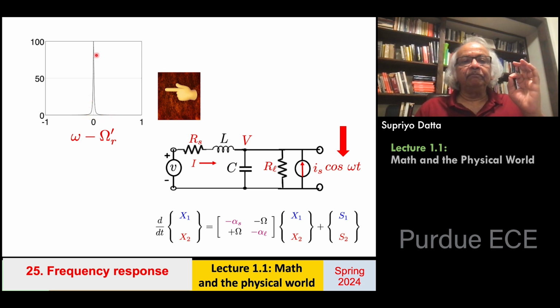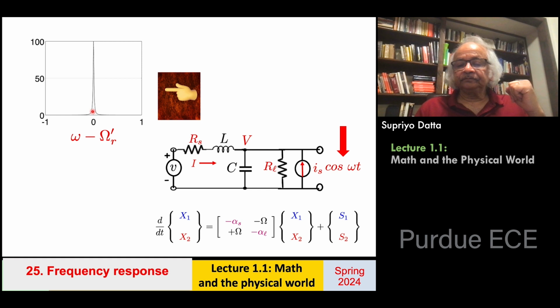The peak of this curve is inversely proportional to this alpha. So if alpha is 0.01, the peak is like 100. You see? But then the width of this curve is directly proportional to alpha. So if I made alpha equal to 0.1, instead of 100 it would be only 10, but then it would also get broader. And what you can show is that the area under this curve is 1.